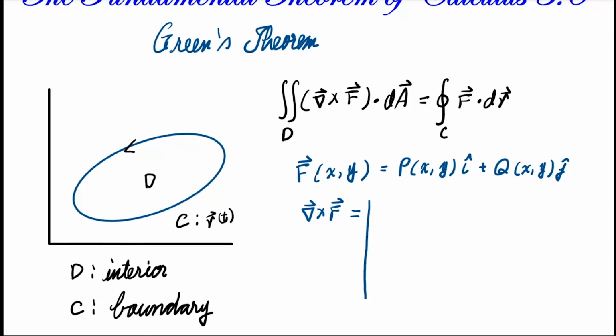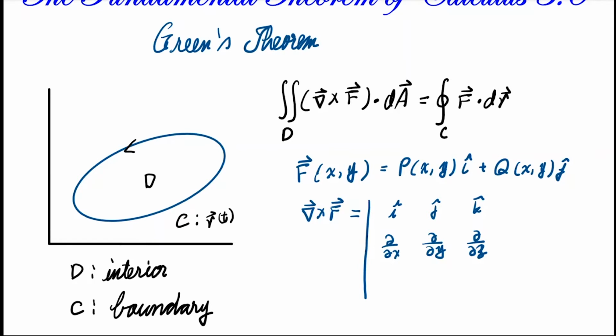Okay, so the cross product is done with i, j, k, and then partial with respect to x, partial with respect to y, and partial with respect to z. Your gradient thingy, but this is not gradient because you're actually crossing it with a vector field.